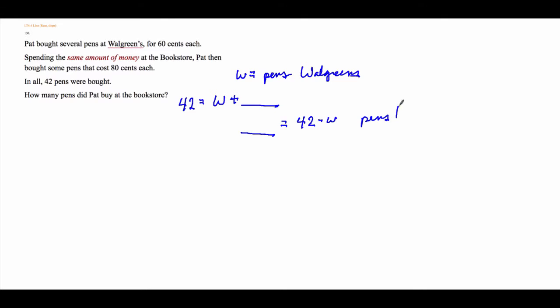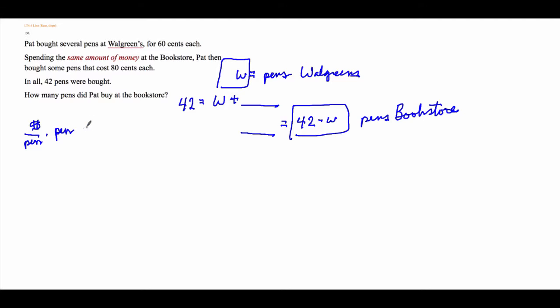A second way of doing this: again, we'll start with W being the number of pens bought at Walgreens. There are 42 pens in all, so 42 is my W, pens at Walgreens, plus the pens at the bookstore. The number of pens at the bookstore is 42 minus W. We're going to use these two values along with the fact that dollars per pen times the number of pens equals dollars.